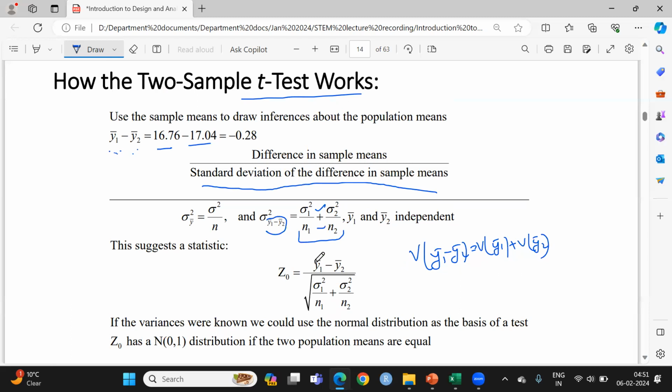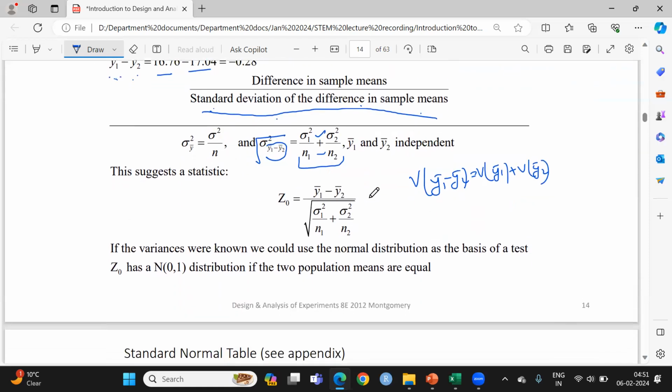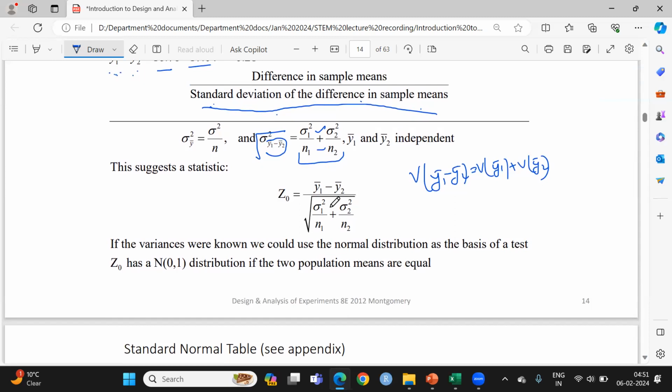Okay, so here you can see that we got the formula for sigma square that shows the sample variance of the difference in the sample mean. When you take the square root of this sigma square, that will become the standard deviation of the difference in the sample mean. So the formula suggests that the sigma squares are known to us, and we are taking the difference of sample means.